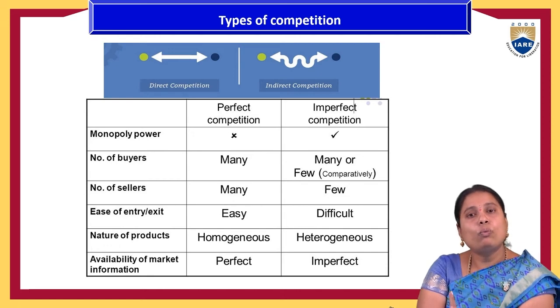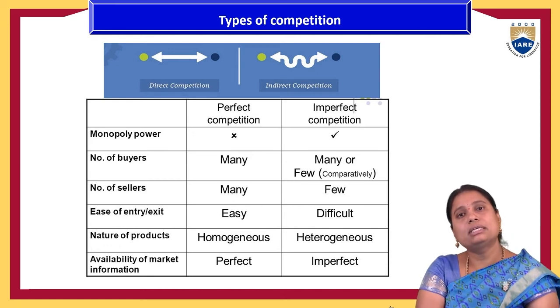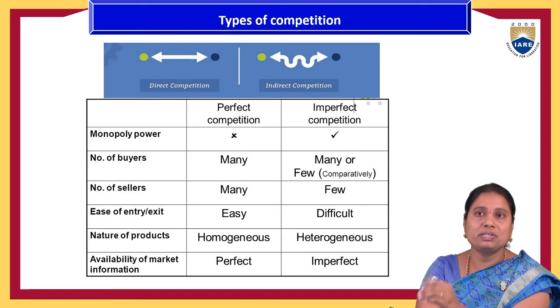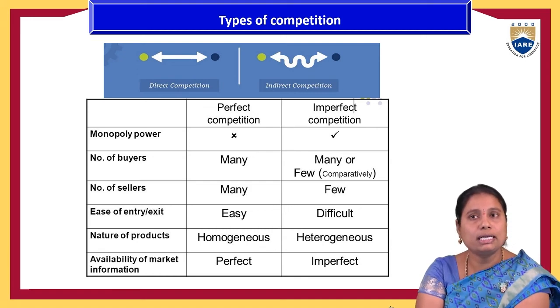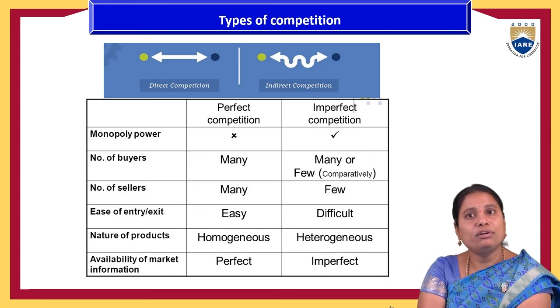If there is no single seller, and a larger number of sellers and a larger number of buyers are there, then it is called the perfect competition market. So this tabular form very clearly shows that for the perfect competition market, the number of buyers is many and the number of sellers is also many.